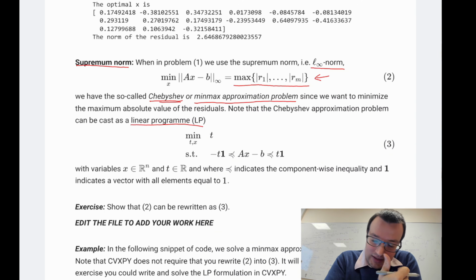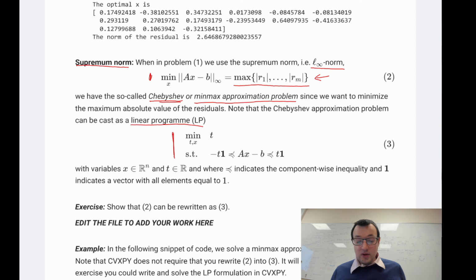And here, essentially, the claim is that our original problem is equivalent to this LP. And an LP, a linear program, is a convex optimization problem. And so the problem too is a convex optimization problem. Indeed, we will see from the theory that the general problem that we formulated before with a general norm is going to be a convex optimization problem.